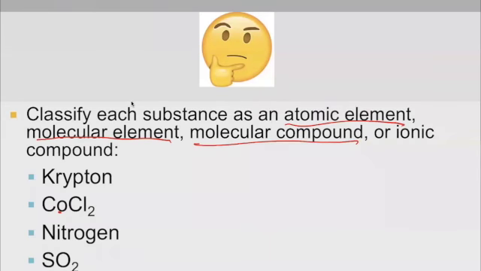Cobalt chloride, cobalt is a metal, so it's going to be an ionic compound. Nitrogen is N2. It's going to be considered a molecular element. SO2, both nonmetals, that's going to be considered a molecular compound. And this is a metal, and this is a non-metal. So this is considered an ionic compound.